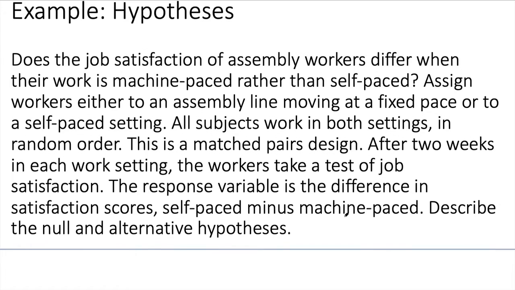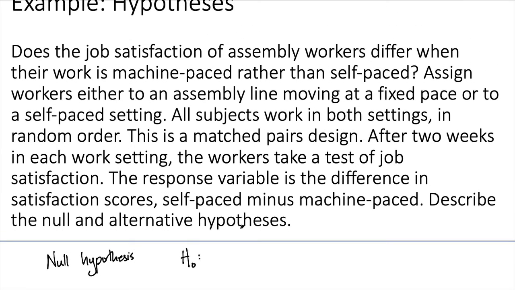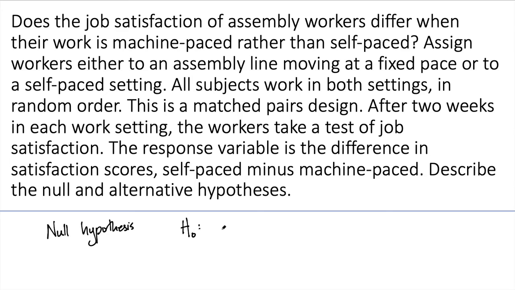So in order to state these hypotheses, the first thing is we need to understand some notation. For our null hypothesis, we state it with H sub 0. That's our null hypothesis, and then we have a colon, and we actually state the hypothesis. So the hypothesis is going to be some type of a mathematical expression.